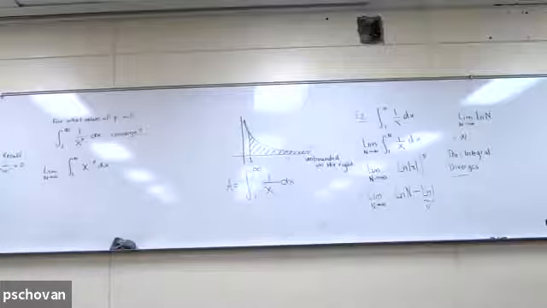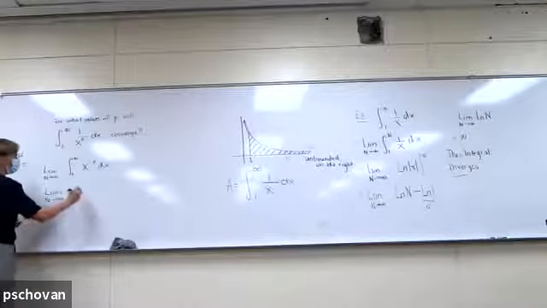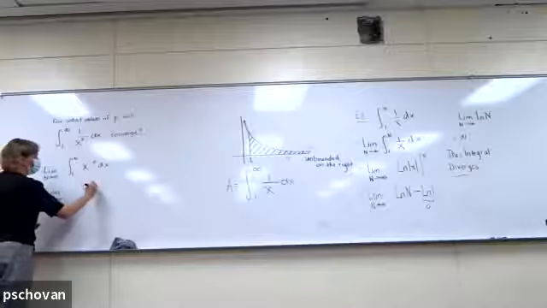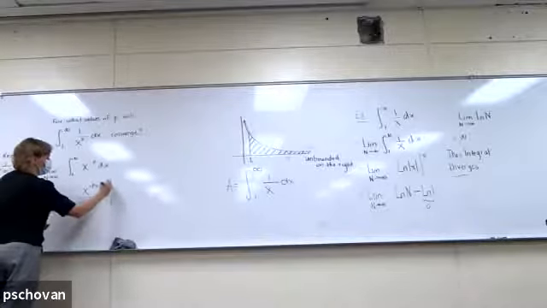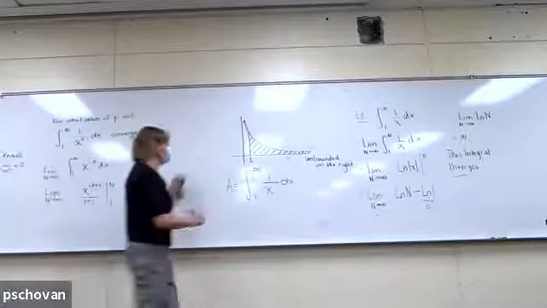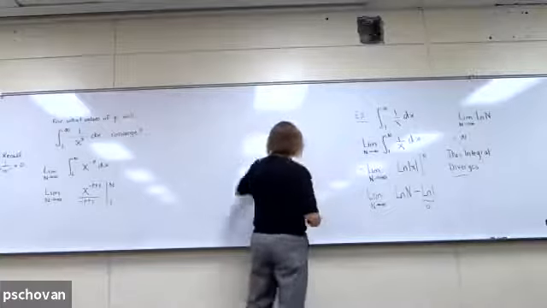So p is some number other than 1, because I want to be able to use the power rule. Add 1 to the power, divide by the new power. And then we're going to put the bounds in for x.